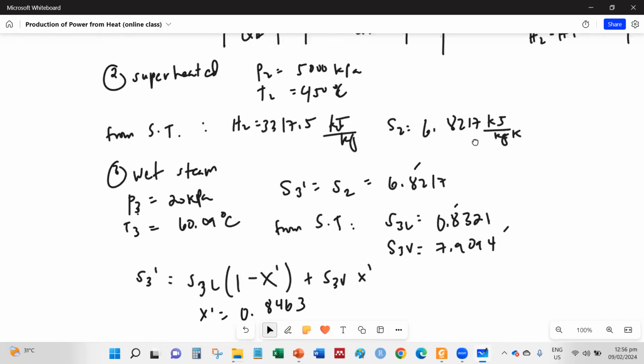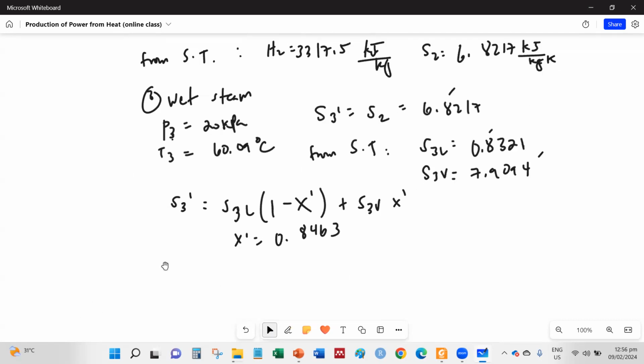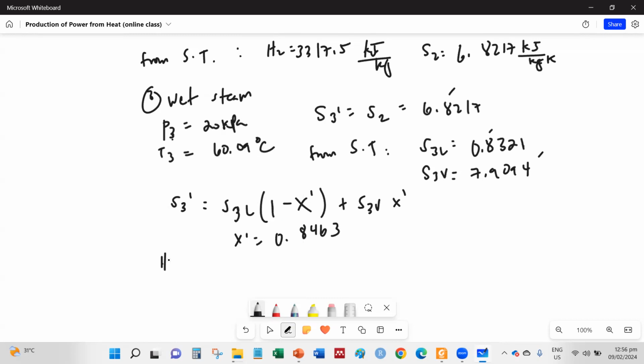We already have H2, so we can calculate for H3 next. We now calculate H3 prime.